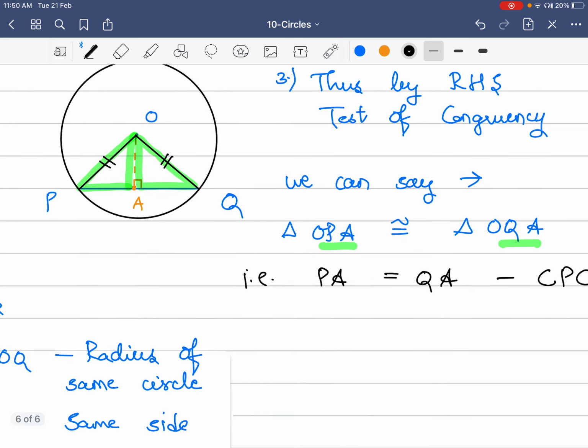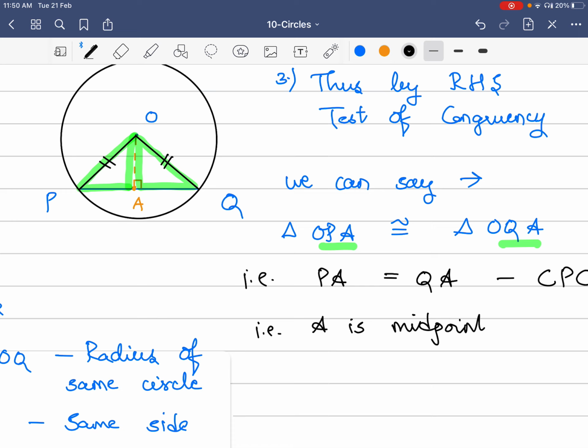That is, if PA is equal to QA, then A is the midpoint of the side PQ, and we say OA bisects side PQ.